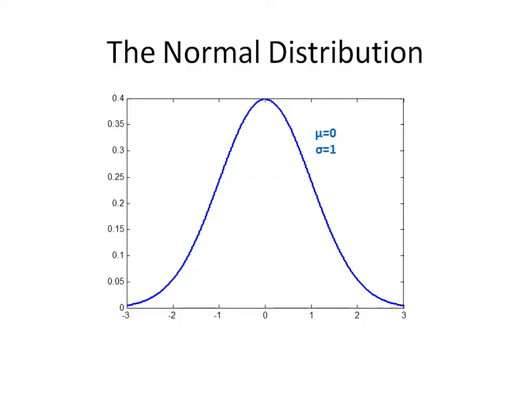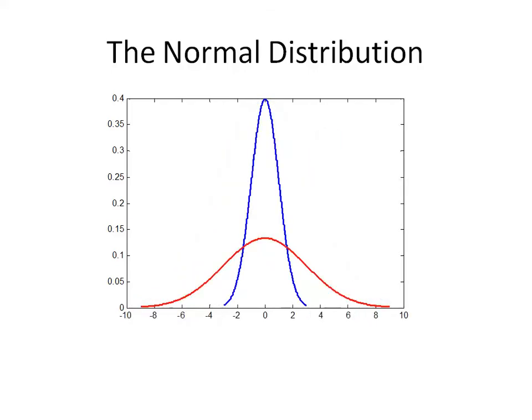So if I were to increase the standard deviation from 1 to 3, if this is what it looks like with a mean of 0 and a standard deviation of 1, again, the x-axis had to change to fit everything in, but the curve in blue is the distribution we saw before with a mean of 0 and a standard deviation of 1.